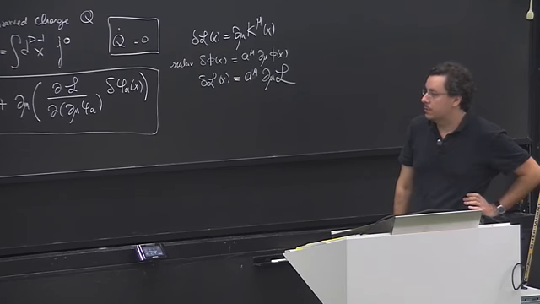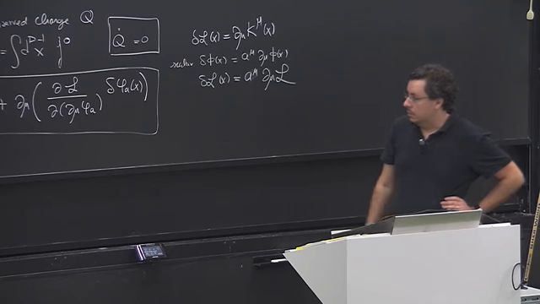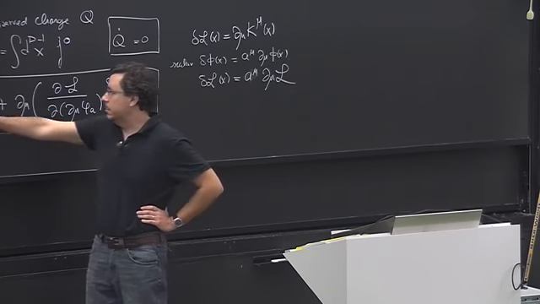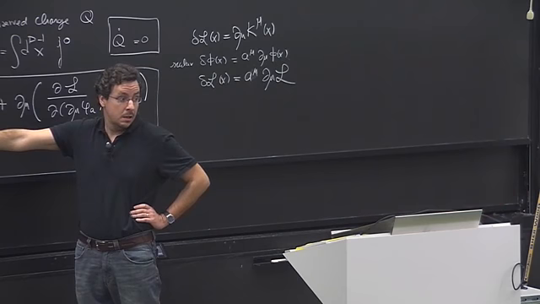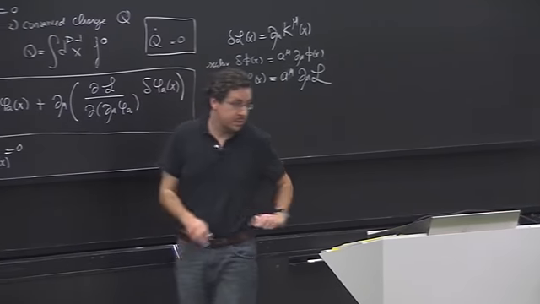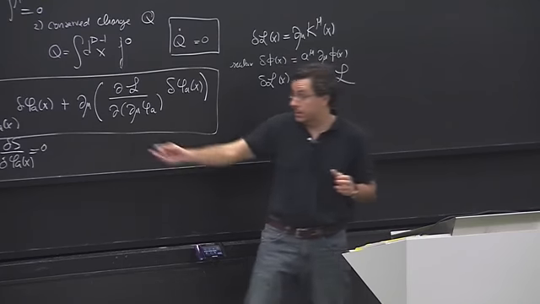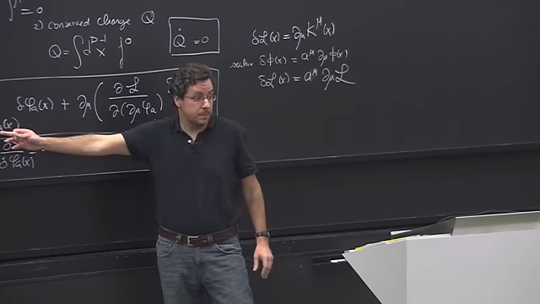No, it can be written this way, I think. It can be written this way, yes. No, the equation of motion is the variation. This is not a derivative, it's a variation. I mean, the equation of motion is the variation of the action with respect to the fields.